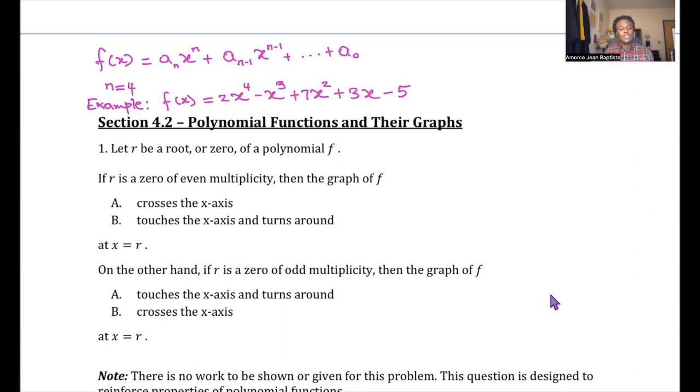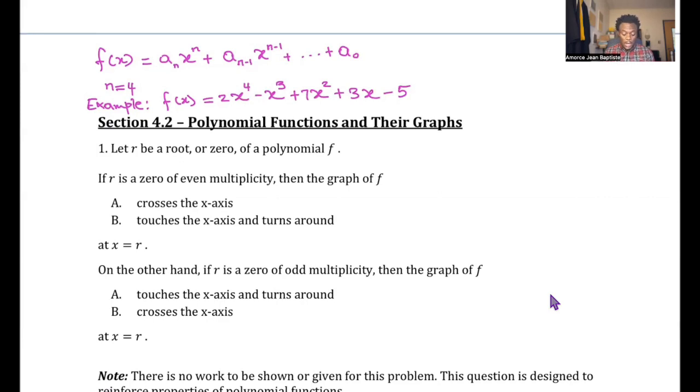So that is a polynomial of degree 4 because n, which is the highest exponent of the variable, equals 4 in this case. So that is a polynomial function.